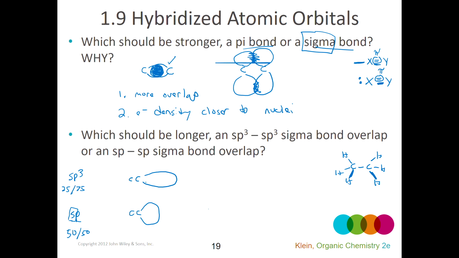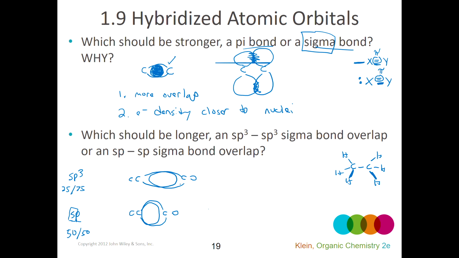So if I'm going to make two sp3 carbons form a sigma bond, they can only get so close, and these long elongated sp3 orbitals will overlap, versus a sigma bond between two sp hybridized carbons, where the orbitals are more compact, the carbons will get closer.